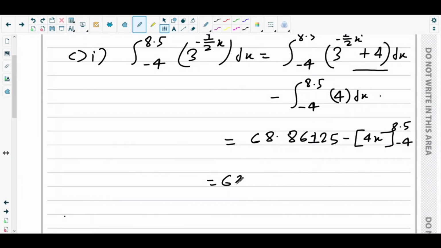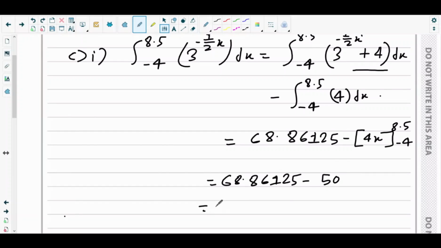So 68.86125 minus 4 times 8.5, which is 34, plus 4 times 4, which is 16. So this is exactly 50.